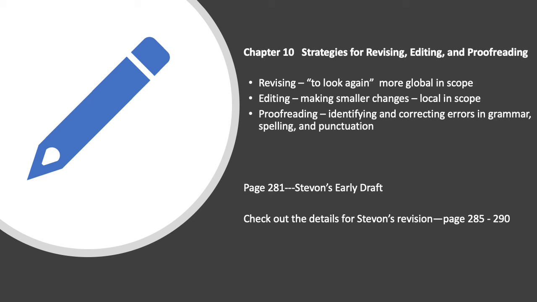There's one more thing I wanted to draw your attention to in this chapter, and it's actually not in your assigned reading. So this is actually for those of you that like to do a little bit above and beyond. Starting on page 281, you'll see that your textbook has an example of a hypothetical student who submits an early draft of a research paper. And then after that, the version of the paper where this student goes back and revises it.